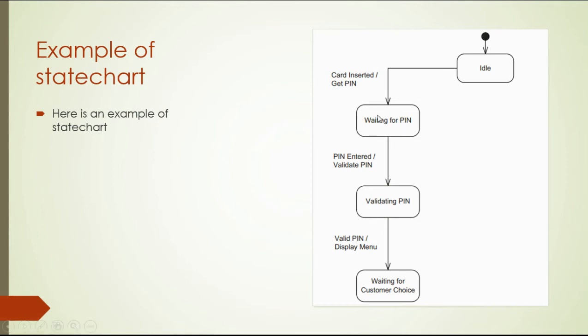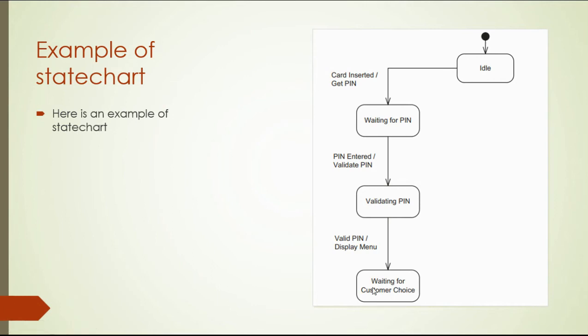Once we get the bin, which is the bin entered, that means this is the action, the bin will be validated in the state validating bin, and in case the bin is correct, we go to display the menu, which is to go to another transaction.